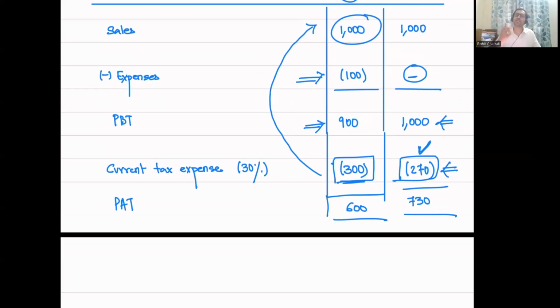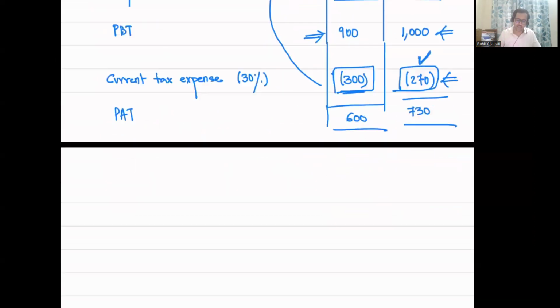Reduction of tax expense basically means I need to credit P&L. So my credit will go to deferred tax benefit, and the debit will go to deferred tax asset.